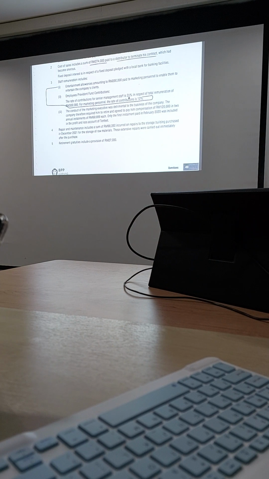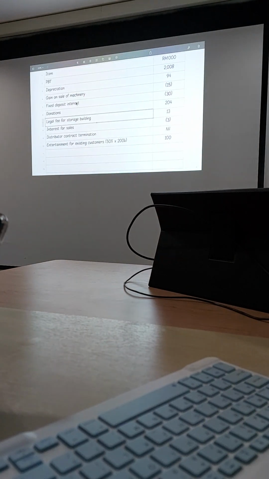You get 2% times 300k is going to be 6. So this is EPF for senior management. Okay, which is going to be 6. So this is 300k times 21 minus 19%. Okay, this one you show like this, you might get marks in case you get the number wrong.